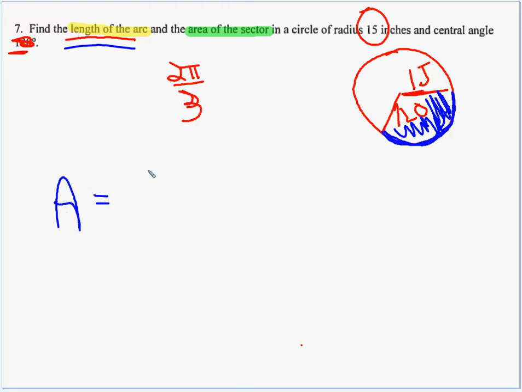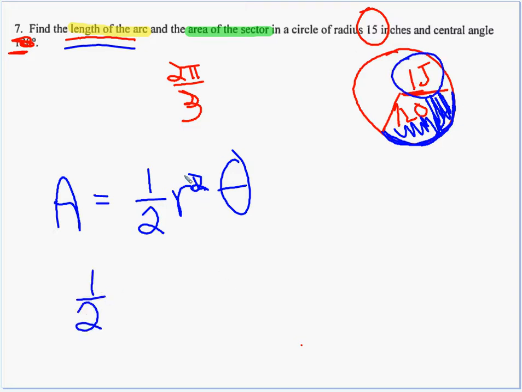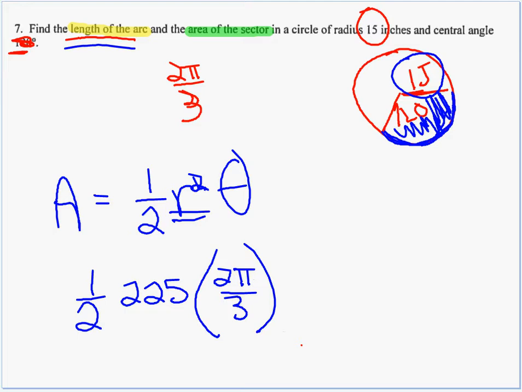Area of a sector is 1/2 radius squared times angle theta. So here is 1/2. And then we're going to have our radius is 15, so that'll be 15 squared, or 225. And we will multiply that by the angle, 2/3 pi radians.